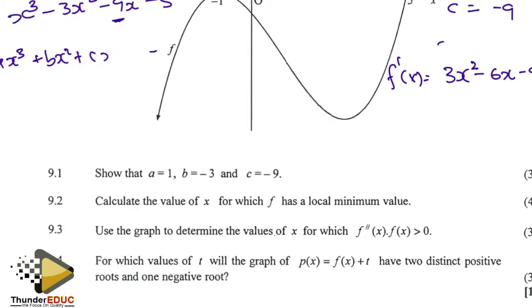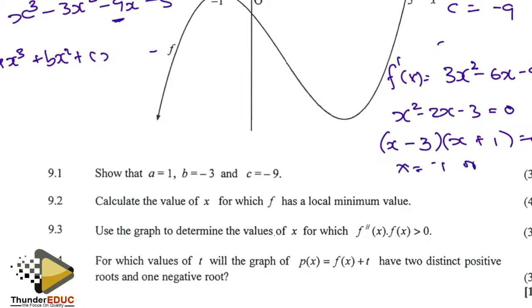I'll divide through by 3: x squared minus 2x minus 3 equals 0. Open this up: x minus 3, x plus 1. Which means x is negative 1, or x is 3. What do they want? The value of x for which it has a local minimum. So x has to be 3 at this point. The minus 1 is already at point E.